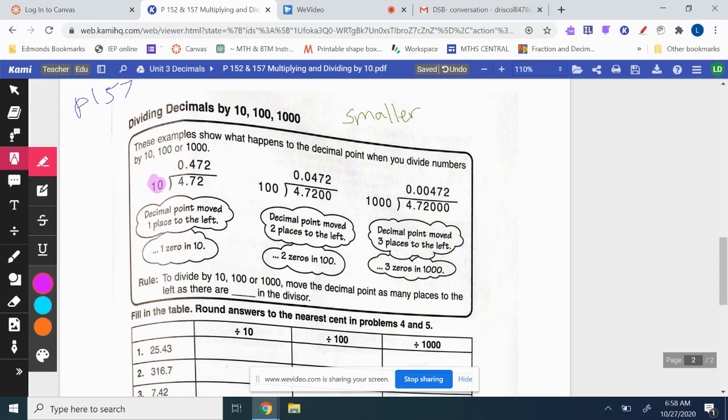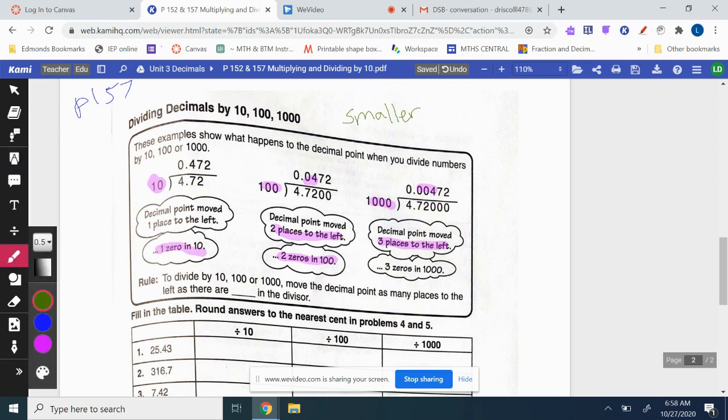If you notice, the number becomes smaller, it moved just one place to the left. 2 zeros, and I get 2 decimal spaces. See how it changed 2 spaces? And then 3 zeros, it changes 3 spaces. So 3 places to the left because of 3 zeros, 2 places to the left because there are 2 zeros, and 1 space because there is 1.